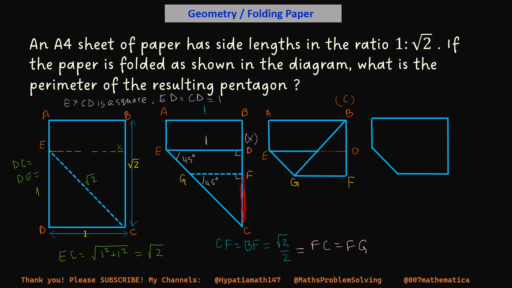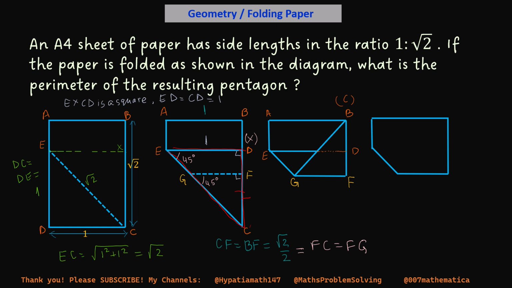Next, CF is equal to BF, and you see another thing that happens here is CF is also equal to GF. Now what happens is, here you see this triangle CDE, because it's right angled and is isosceles, CD is equal to DE.